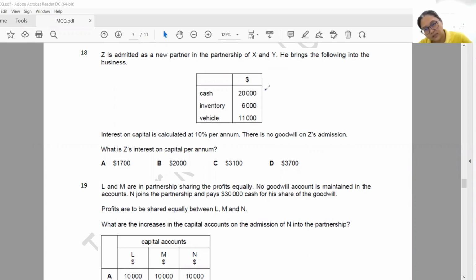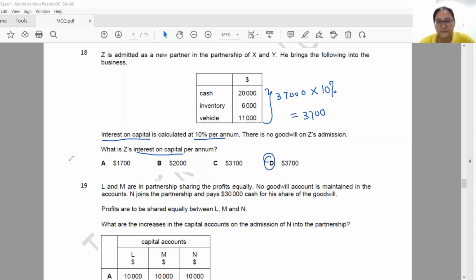How much is the total capital contributed by Z? The total amount contributed is 37,000, and interest on capital is 10% per annum. So we times 10% and we get 3,007. So the interest on capital will be 3,007.